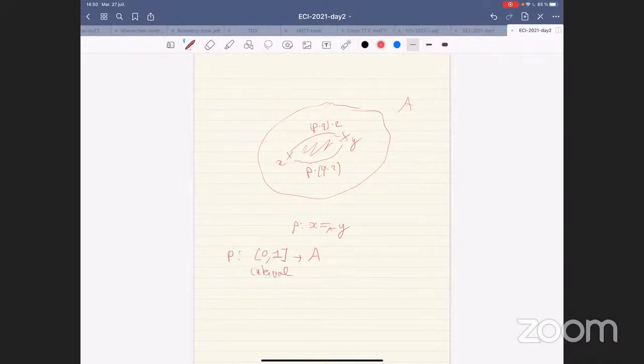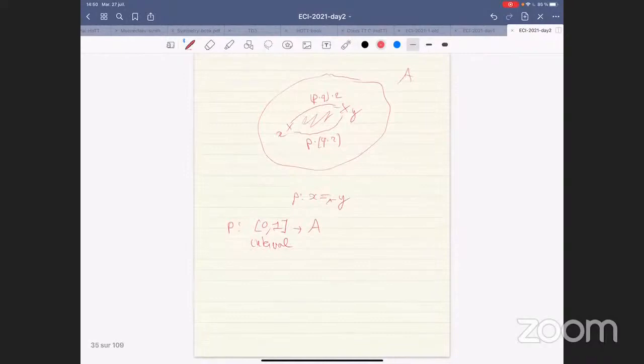And then what you do if you concatenate P dot Q, well, you have two functions from 0, 1 to A, and another one from 0, 1 to A, and then you do something that looks obvious.